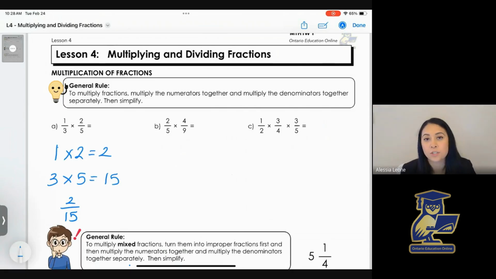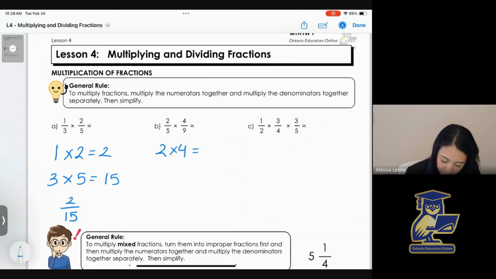Moving to the next question, you'll see we have another fraction times fraction. So our first step we know is to multiply the tops and then multiply the bottoms. So we're going to multiply the numerators and then multiply the denominators. Our numerators are 2 and 4, so we will multiply 2 and 4, and that gives us 8.